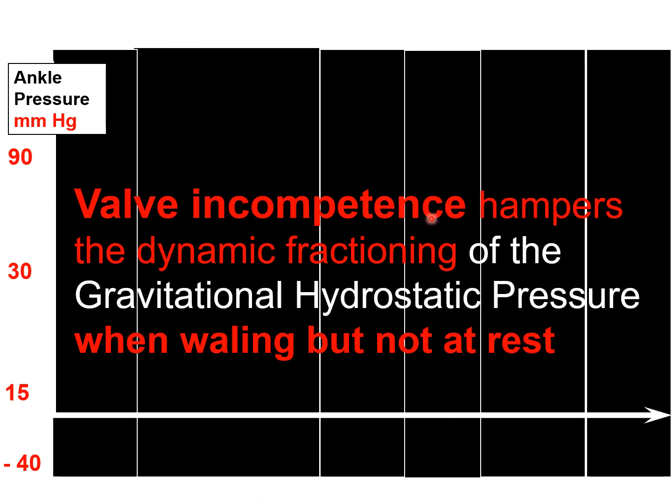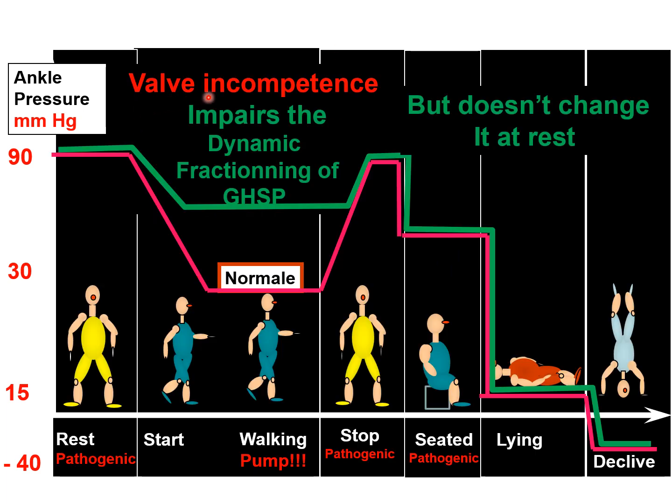Valve incompetence impairs the dynamic fractioning of the gravitational hydrostatic pressure when walking, but doesn't change it at rest: standing, sitting, lying, decline.